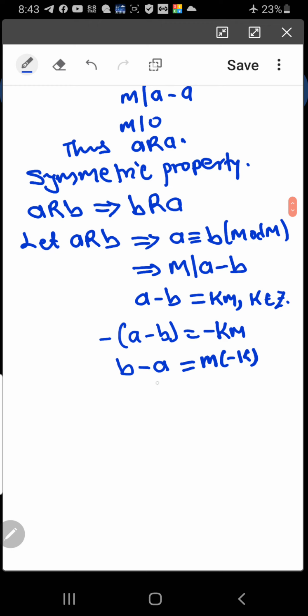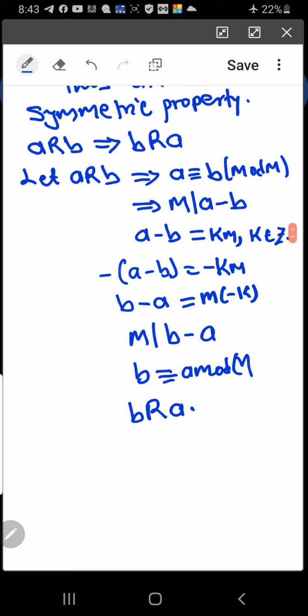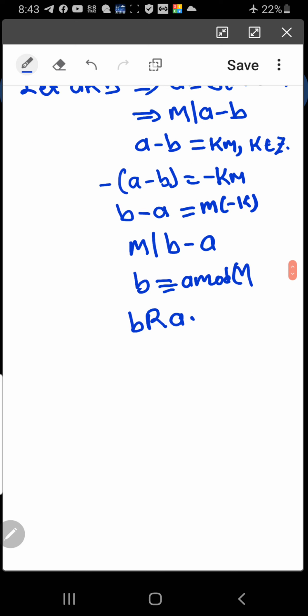And this means that M divides B minus A. M dividing B minus A means that B is congruent to A modulus M. And B congruent to A modulus M means that B relates A. So this relation is symmetric, since A relates B means B relates A. We go to the transitive property.